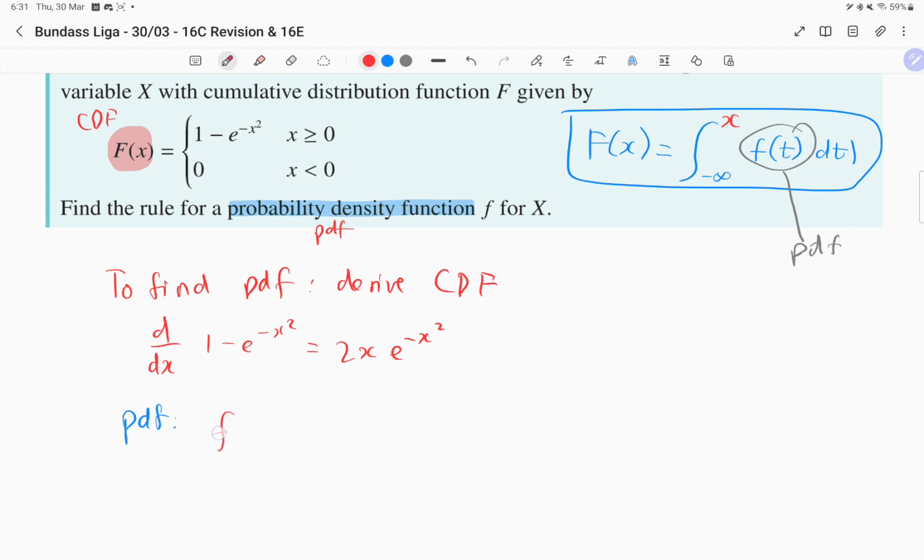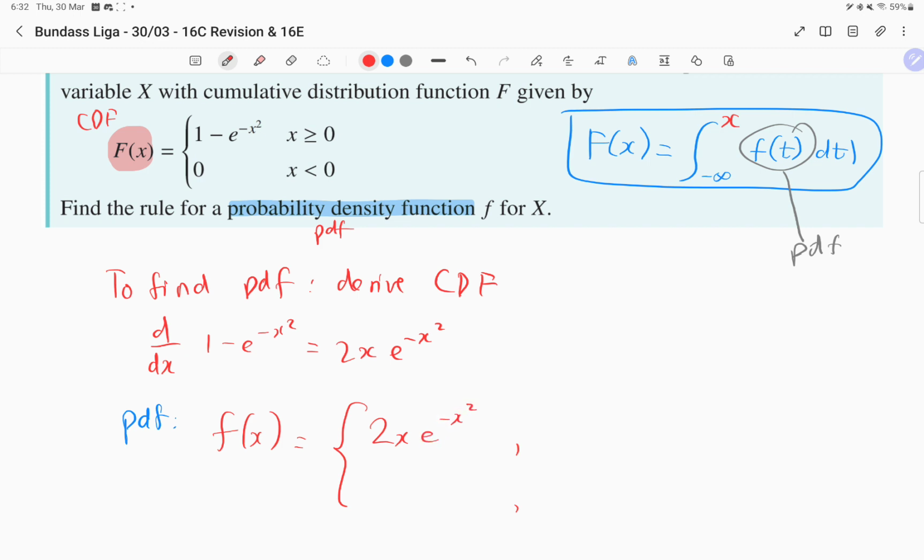We need to start with f of x, and remember the CDF is a piecewise function, so the PDF is also a piecewise function. How do you think we define the PDF? One of them would have this equation that we just found. What's the limit for that?